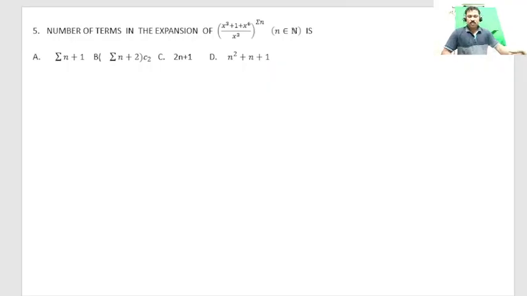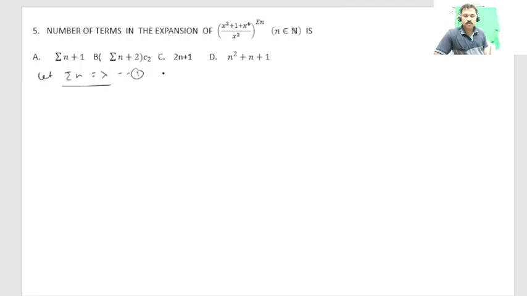The number of terms in the expansion of x cube plus 1 plus x to the power 6 divided by x square whole to the power sigma n, n belongs to N. Okay, first let sigma n equals to lambda.